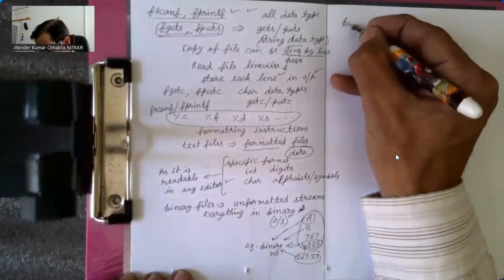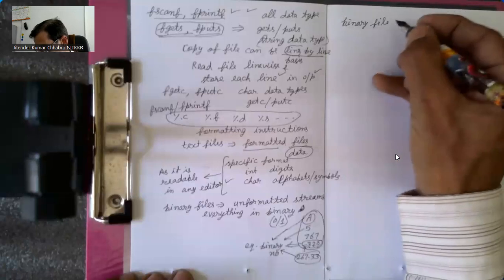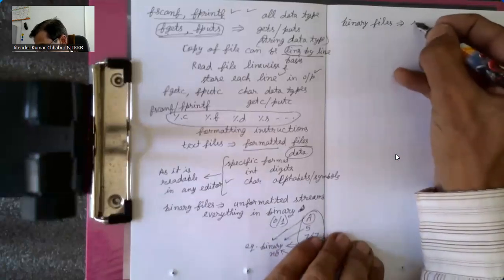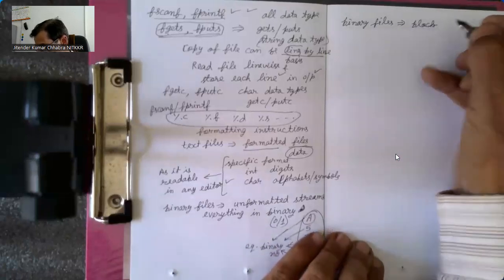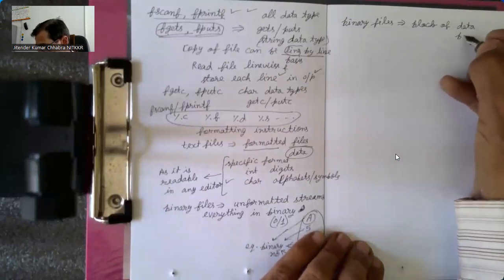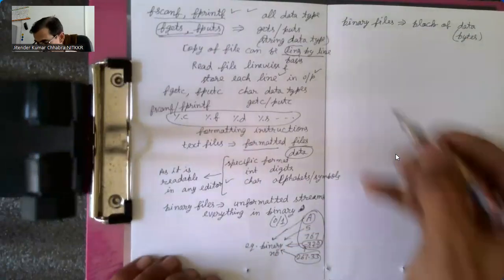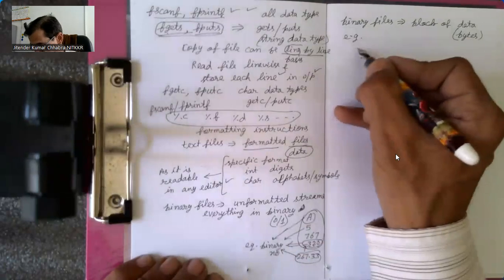So binary files effectively store everything as a block of bytes. Blocked data, a block of data, or I will say a block of bytes. Everything is just a collection of bytes. For example, take a student record.